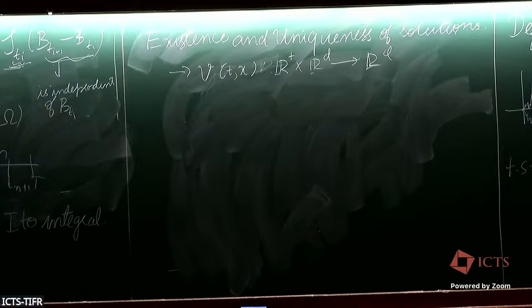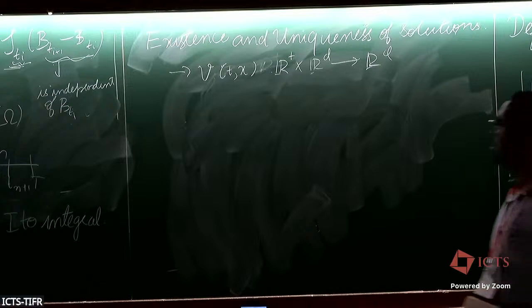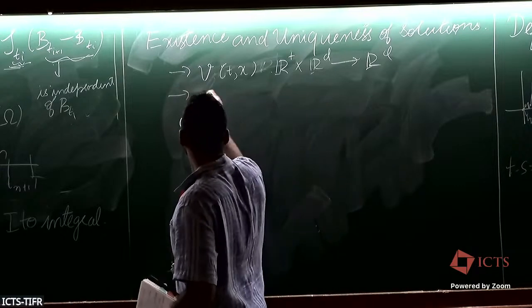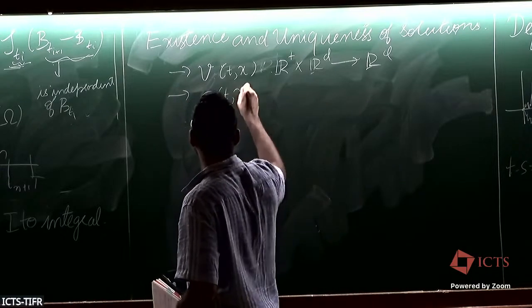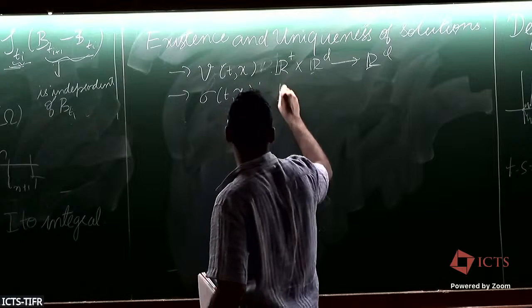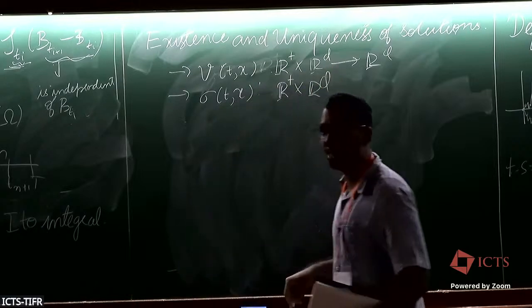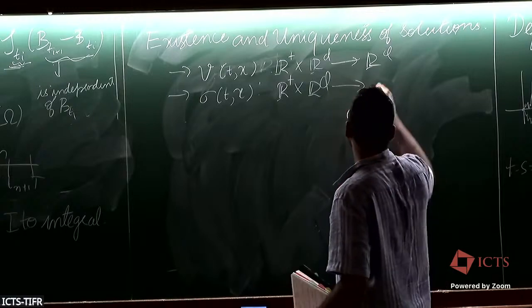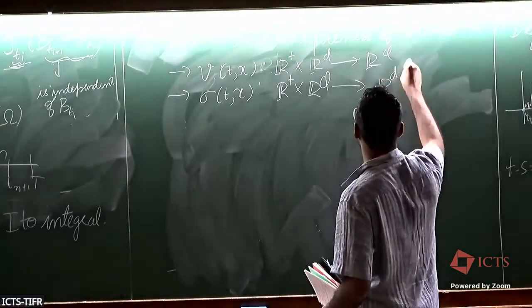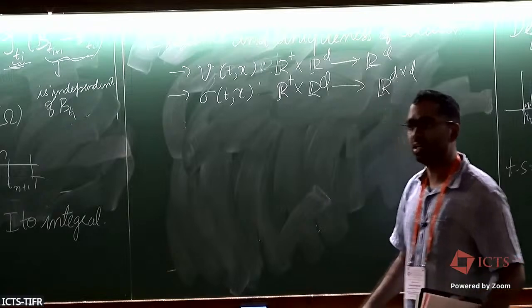That's why we have that covariance term there. So we have sigma of t comma x is a function from R plus times R^d, because it's a function of space and time, and this should go to R^(d by d), which is any set of matrices.